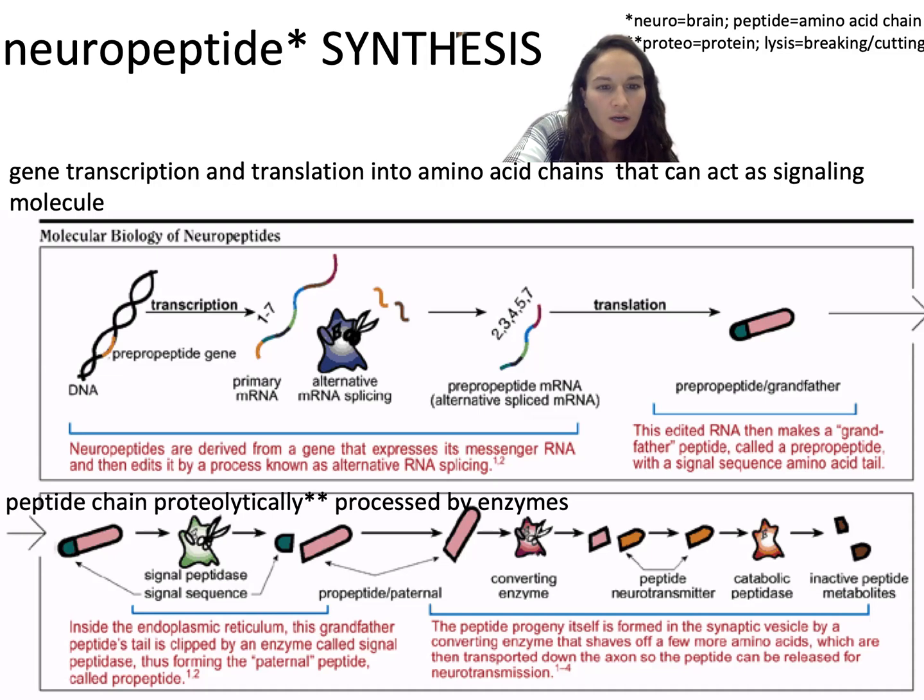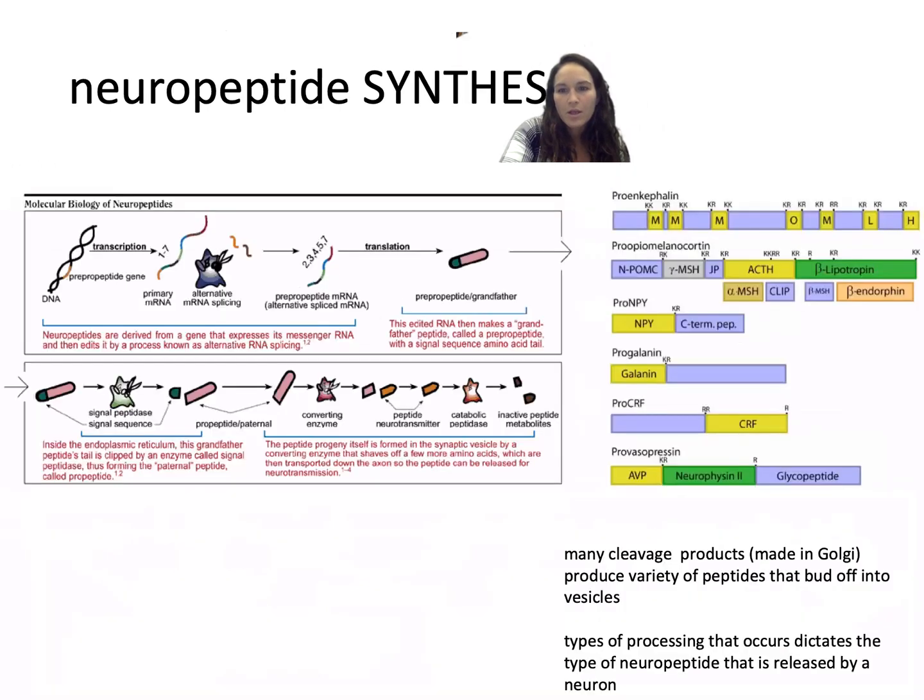And so we could have these individual little peptides that are made from the cleavage of this longer propeptide. But there's, again, going to be specificity of what receptors these different peptide molecules bind to.